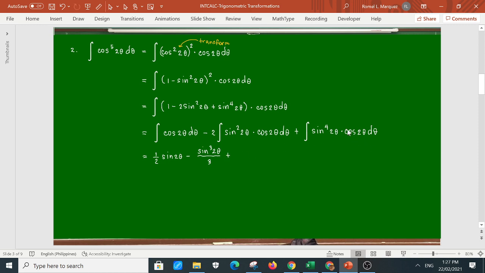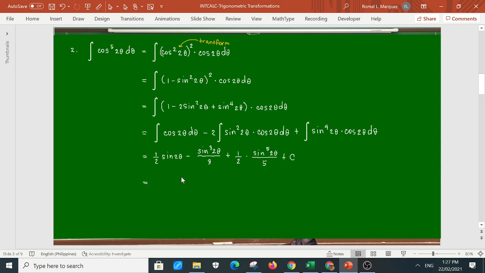Okay? So what will I put inside, guys? 2, no? Balanced by 1/2. So I will put 1/2. What's now the integral? Do it mentally. U to the n plus 1, sine to the 4th 2 theta becomes sine to the 5th 2 theta over 5, plus C. That's it.